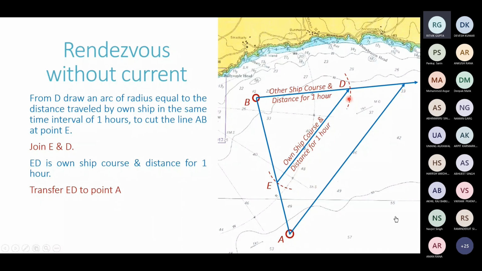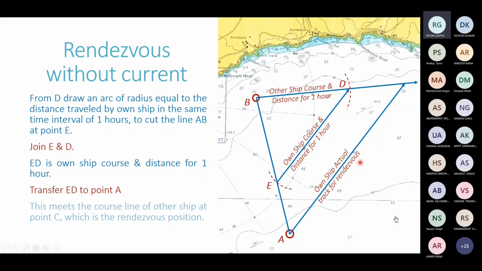Parallel to Echo Delta, that is own ship course, and passing from our position, that is point A. Now this line which we have drawn is our own ship actual track for rendezvous with another ship.